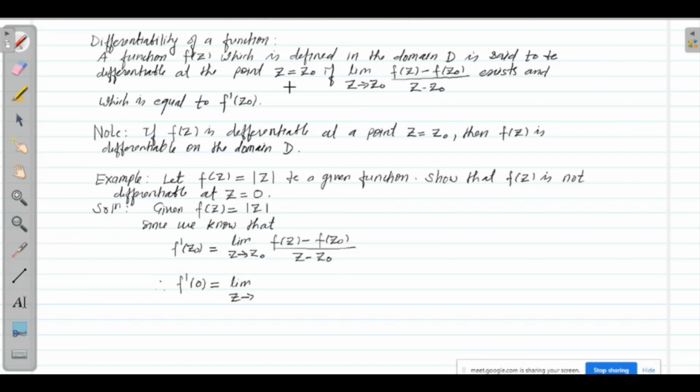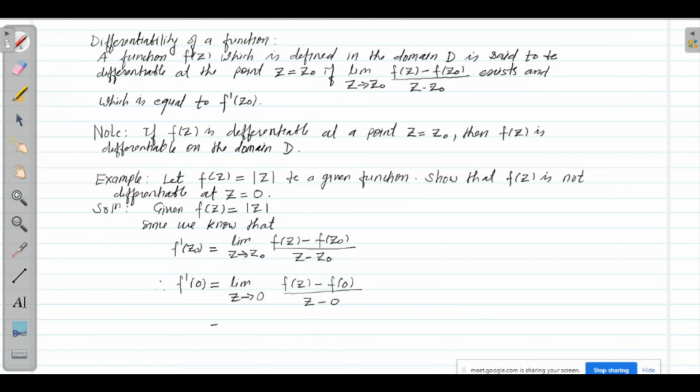By comparing these two, you'll get z naught is 0. Getting? So limit z tending to 0 of f of z minus f of 0, divided by z minus 0.